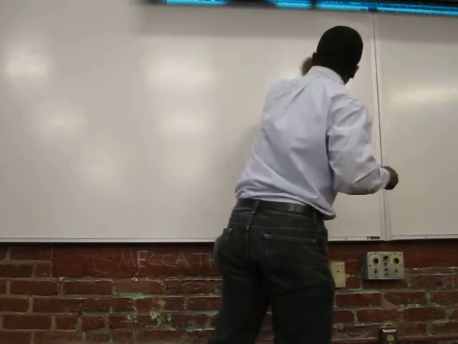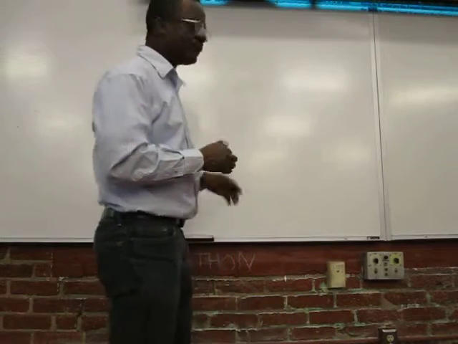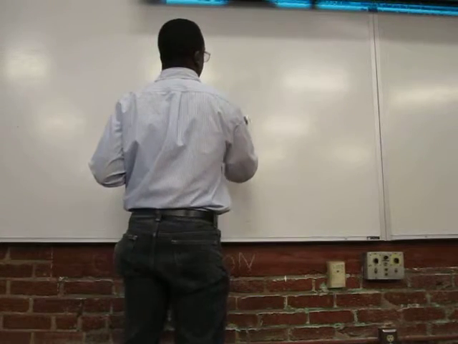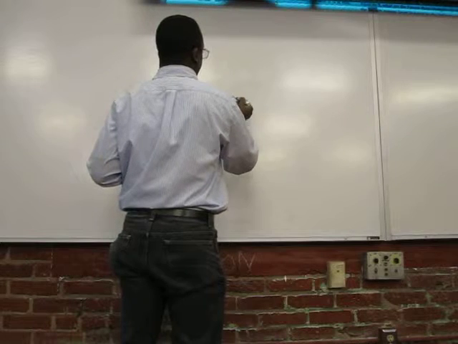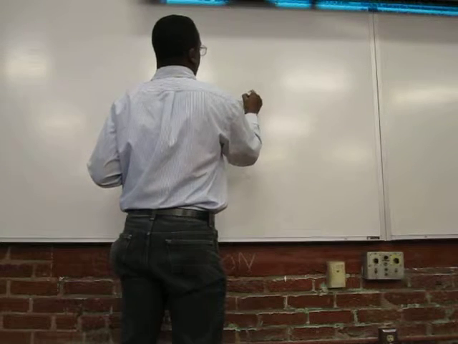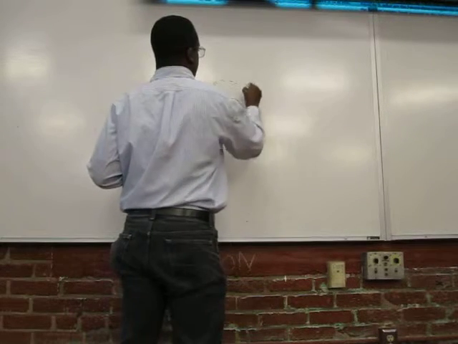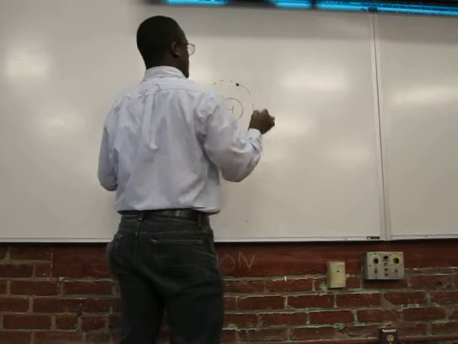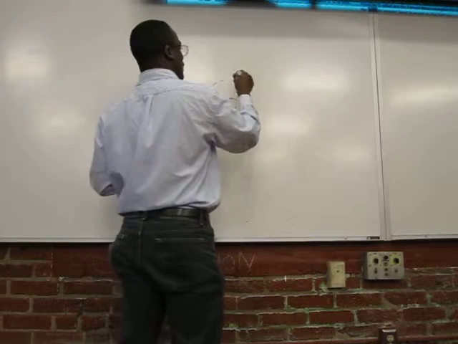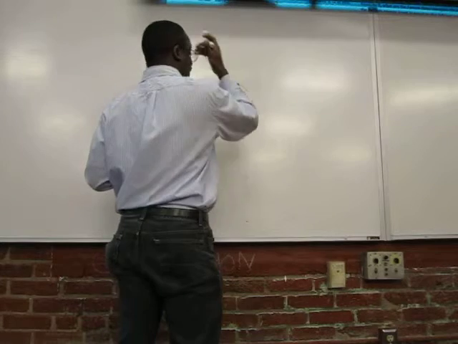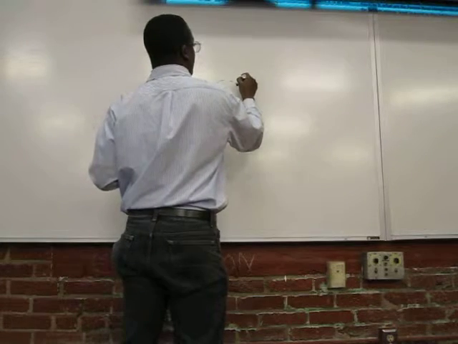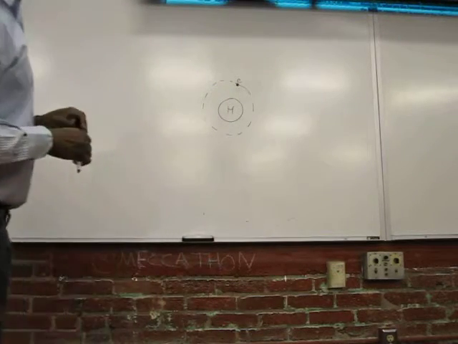So we have a hydrogen atom, and we have an electron orbiting the hydrogen atom. Even though we just discussed that it's more like a wave, a standing wave wrapped around the hydrogen atom, this is easier to draw. We blow this up.